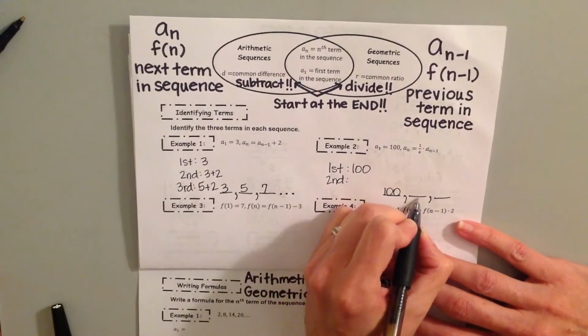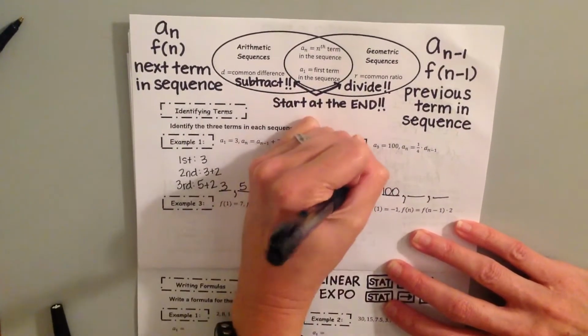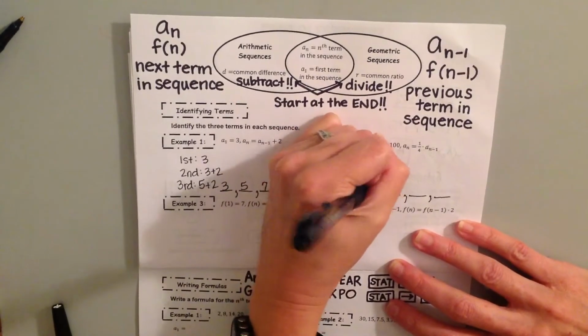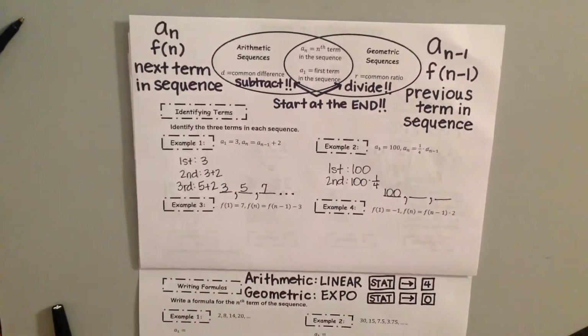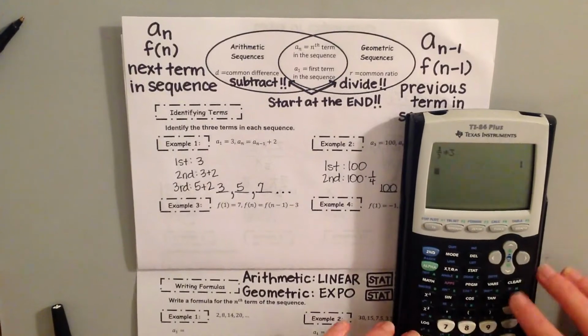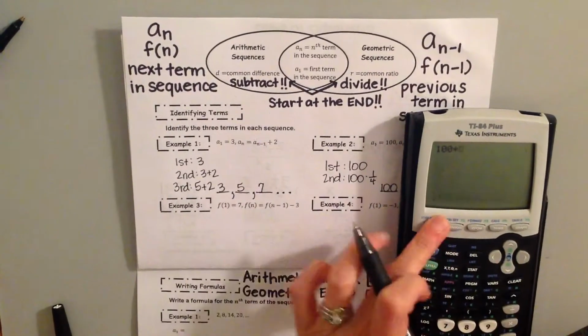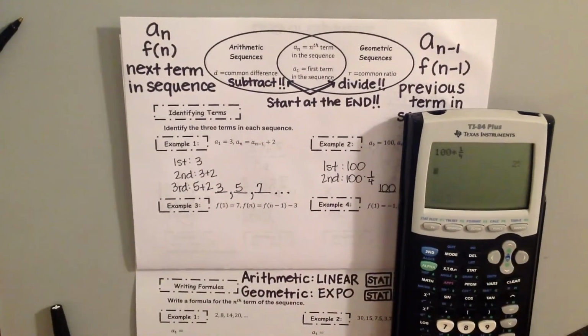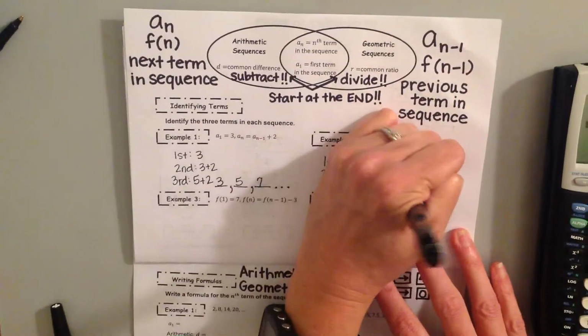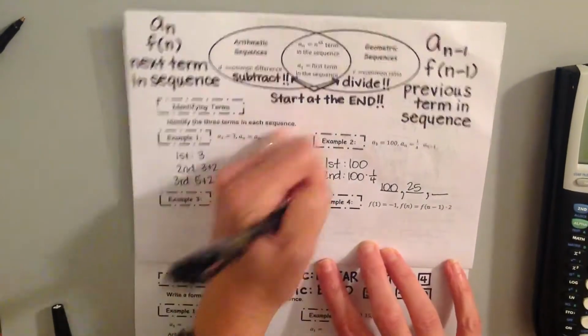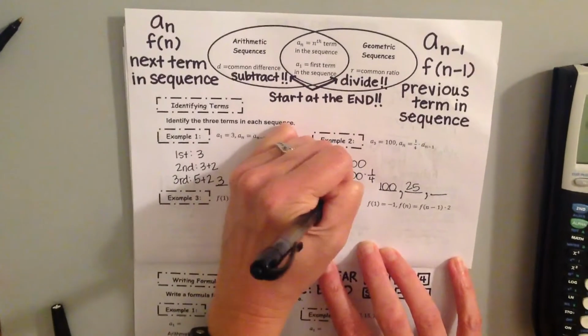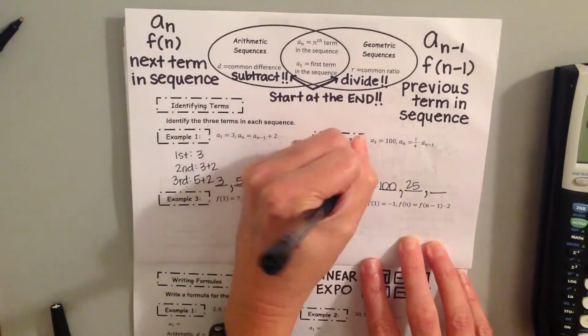So if I want to find the second number, I have to take 100 and multiply it by 1/4. So what is 1/4 of 100? Well, let me see. 100 times 1/4 would be 25.